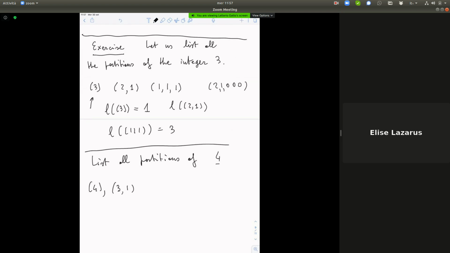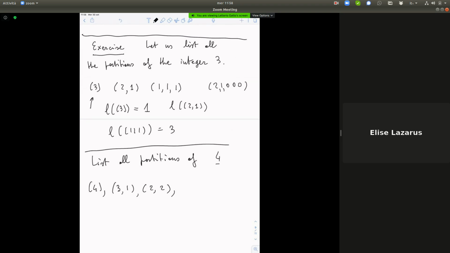You understand? And then I look for all the partitions of length 2. So what is the next one? The next one is precisely what you said, 2, 2. And we see that with length 2, we have them all. Can you tell me the other one?